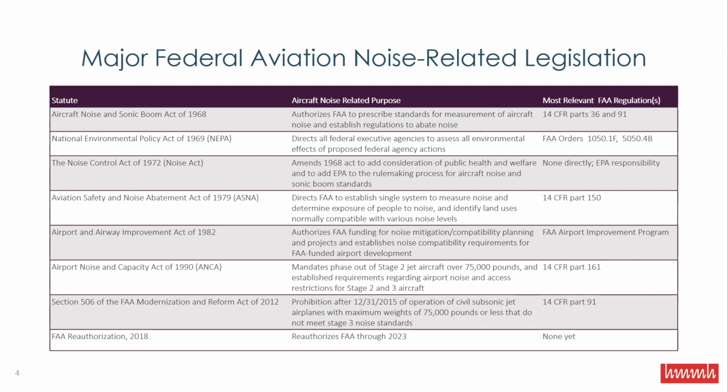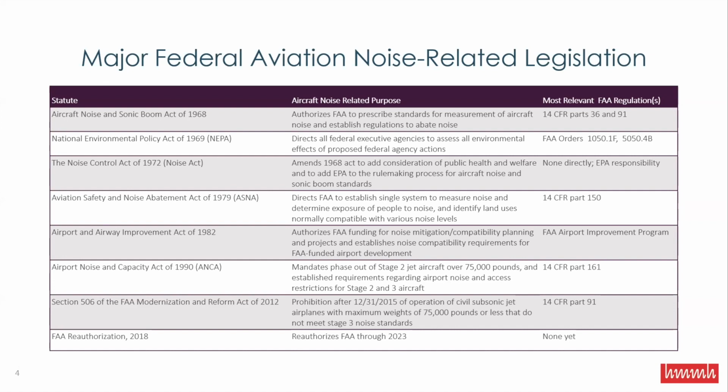It specifically says Stage 2 and Stage 3, but we're pretty certain that Stage 4 and beyond also still apply to the Airport Noise and Capacity Act. Basically, what that did is tie the airport's hands in being able to restrict operations at their airport. Basically, it can't be done given the grant assurances that the airports sign up for other AIP type projects.